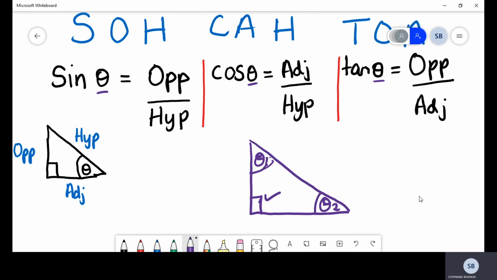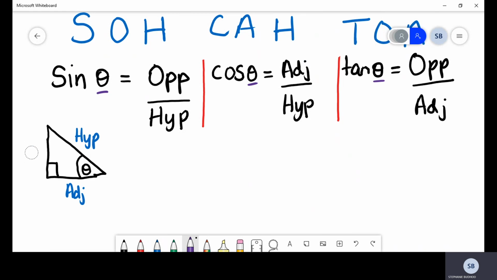Yes, it really does. So let me show you guys an example of how you can use these ratios, as they call it, to find a typical angle on the inside of your triangle. So let's just say in this triangle I've drawn to the side, we have been given the value of the opposite as, let's just say 6.